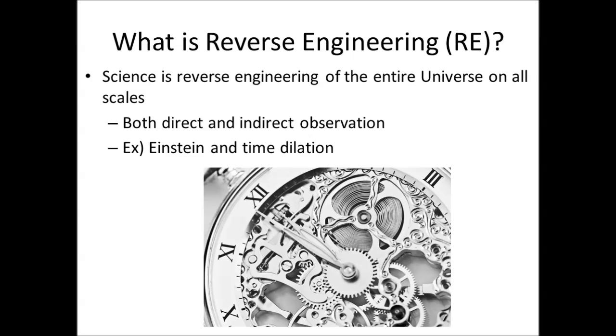A good example of indirect observation is Albert Einstein looking at how time works in general. Even though there's really no direct observation of time, he was able to get a better understanding than what we had previously by looking at time dilation, and that objects moving very fast relative to the speed of light actually experience a slowing down of time relative to other objects in space that are moving slower.